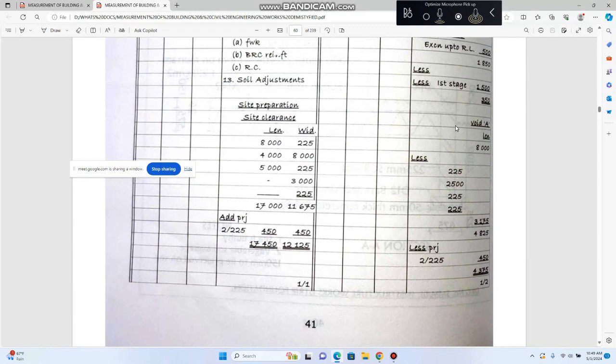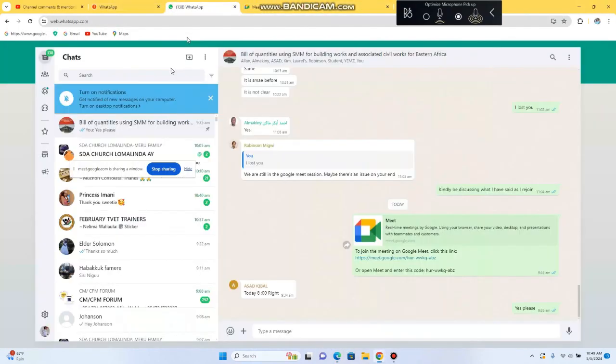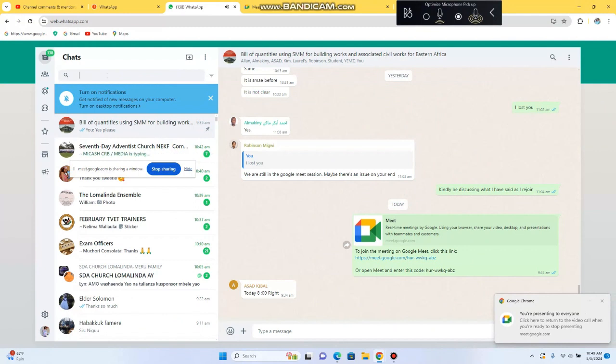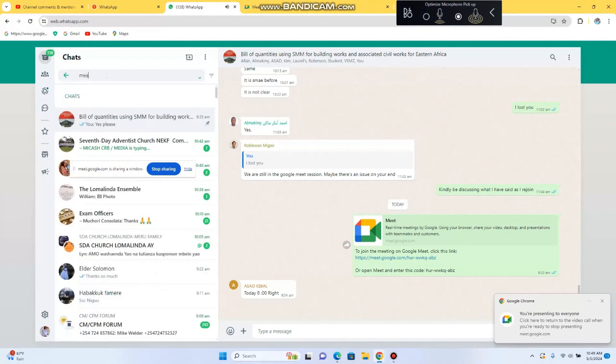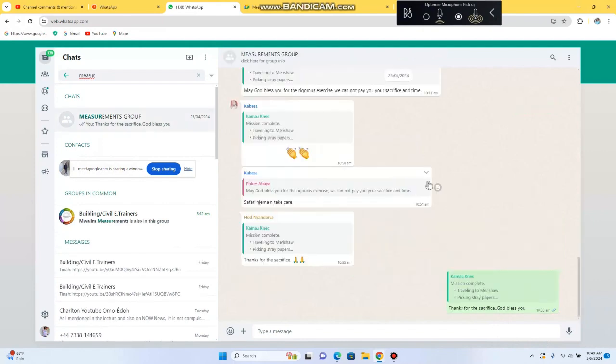So when we are taking off, first of all, we always use the methods of measurement. That one I told you. We always use the method of measurement when taking off. So I want to share with you right now the SMM. I know most of you don't have the SMM.